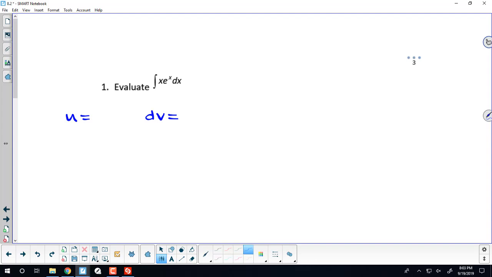Our x, that's our algebraic. And then dv has to be the rest, e to the x dx. Okay. But the formula is uv minus the integral of v du. So not only do we need u and dv, we need du and we need v. So to get du, we're going to take the derivative of our substitution: u equals x, du equals dx.